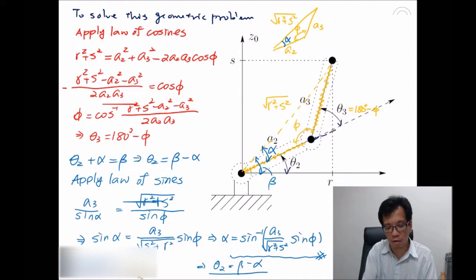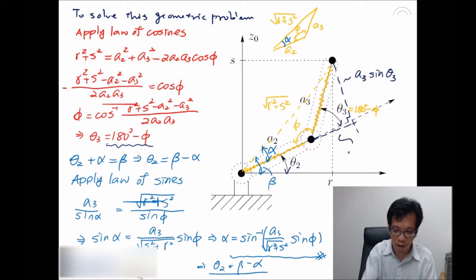So let's draw a few lines over here. Let's say this one is a right angle. So we know this is A3, and we know this is theta 3, and theta 3 has been solved over here. So this big triangle over here, this one is going to get A3 sine theta 3.